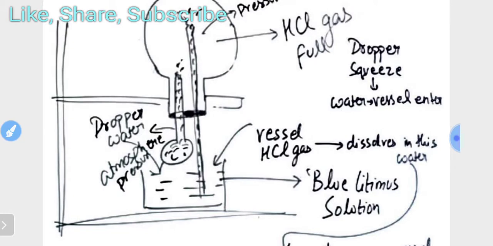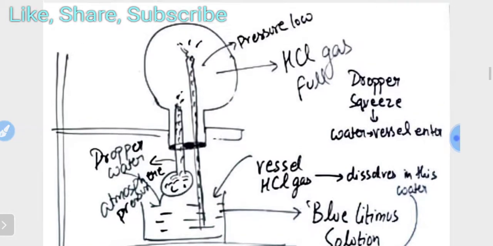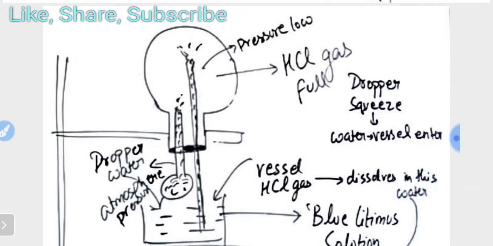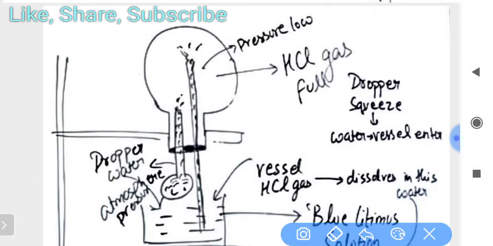So first thing we have to do is squeeze this dropper. Water is filled in this water dropper, in this structure, so we have to squeeze it. When we squeeze it, water enters the vessel here. Water is coming here, and this HCl gas, due to the suction pressure, goes to its upper side.